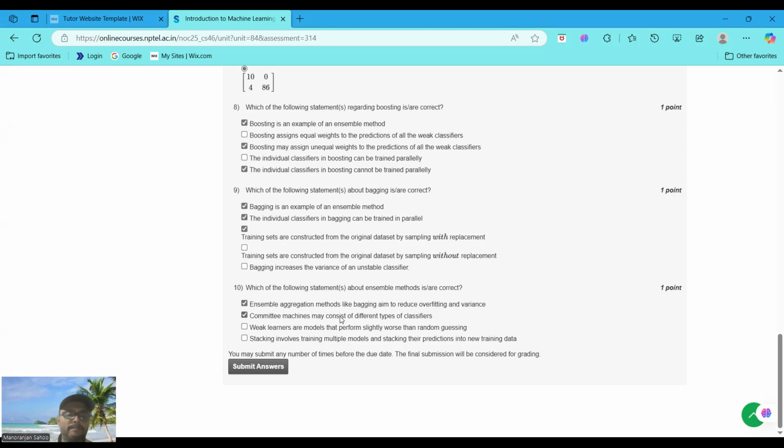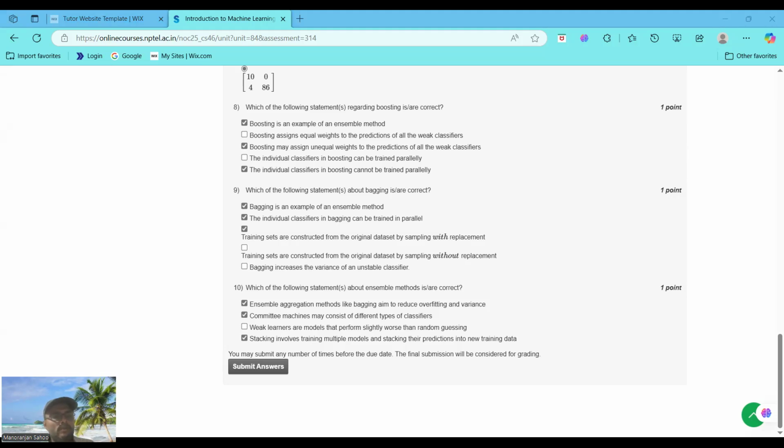Correct statement. Weak learners are models that perform slightly worse than random guessing. Not correct. Stacking involves training multiple models and stacking their predictions into new training data. This is also a correct statement. A, B, and D. Let's explain.